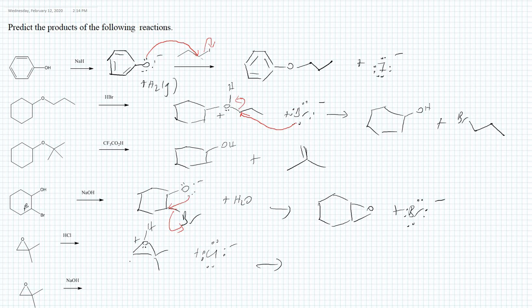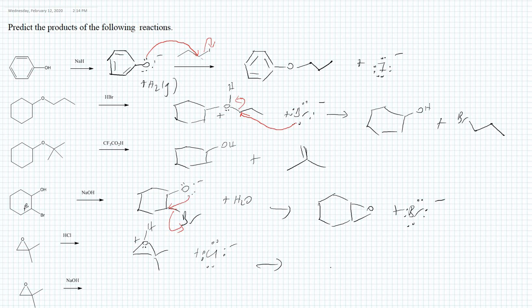Basically, when we have a primary and a tertiary carbon, generally we will have a mixture of products. Attack at the tertiary carbon will involve an SN1 reaction, and attack of the chloride nucleophile at the primary carbon will have an SN2 type of mechanism. So basically we can have this product.